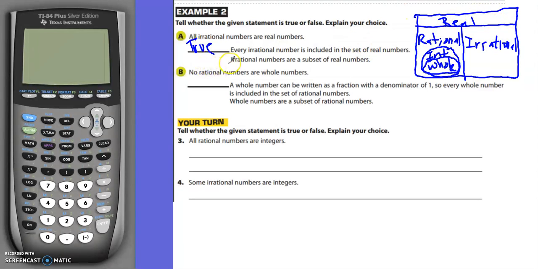Alright, no rational numbers are whole numbers. Okay, so they're saying these whole numbers cannot be rational numbers. Well, that's false.